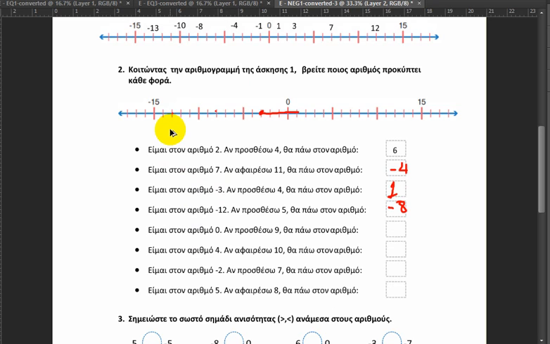Oh, I'm sorry, I made a mistake. Yeah, see, I took this as minus 12. This is actually minus 13. This is minus 12. And if I add 5 to minus 12, I go minus 11, minus 10, minus 9, minus 8, minus 7.